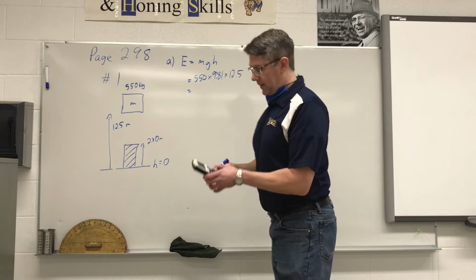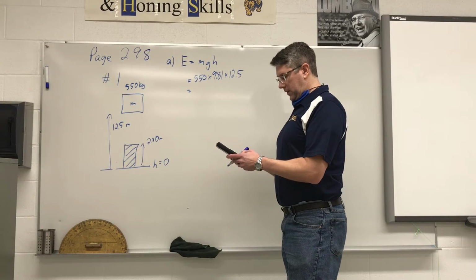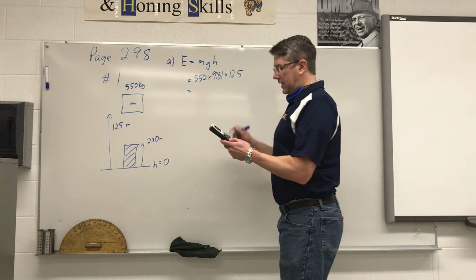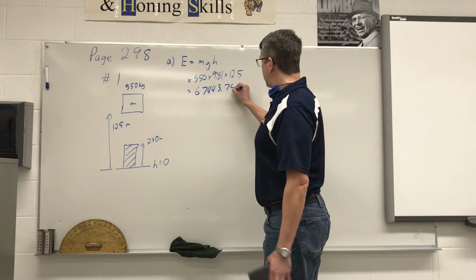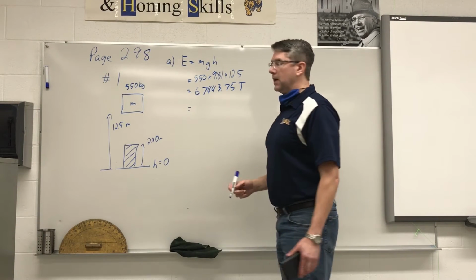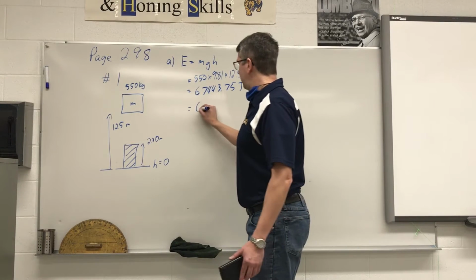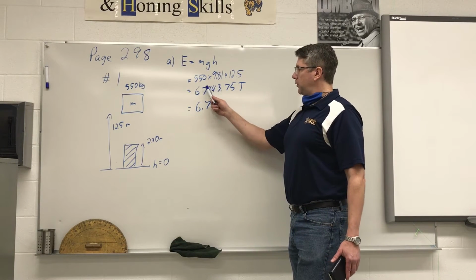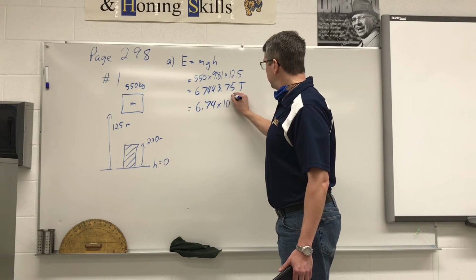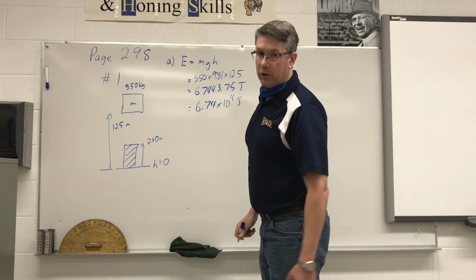So I plug that into the calculator. 550 times 9.81 times 12.5 gives me 67443.75 joules. 3 significant digits, so we keep the 674, times 10 to the power of 1, 2, 3, 4 joules. And that matches what we have in the book.